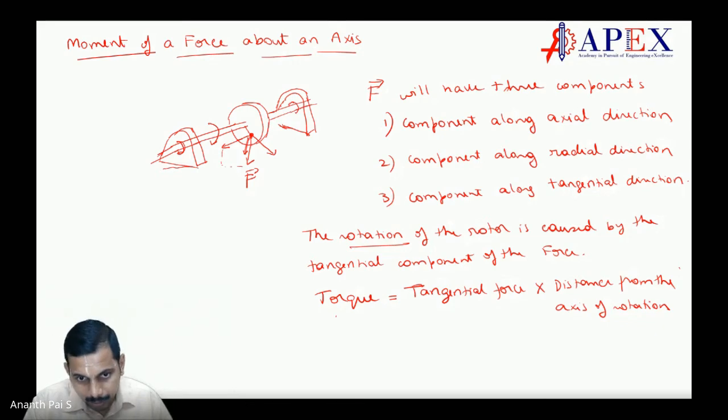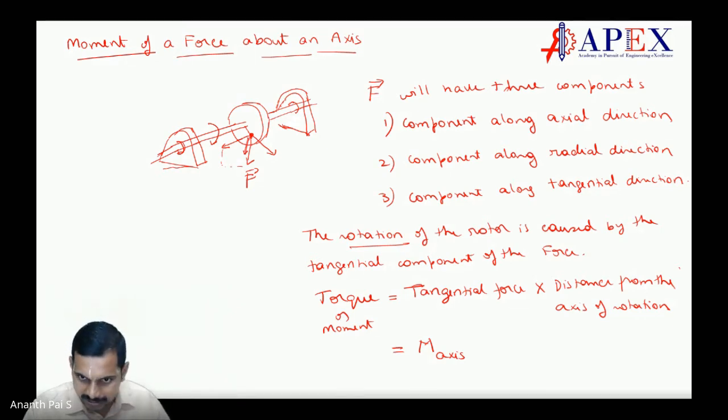This can be torque or moment. Correct, students? So tangential force into distance from the axis of rotation. Now this one is called moment about axis. Let us say moment about the axis.